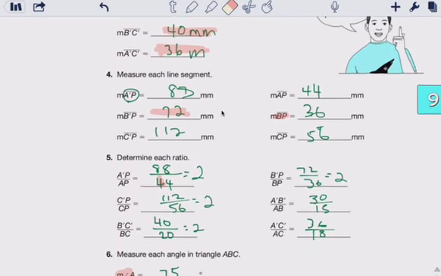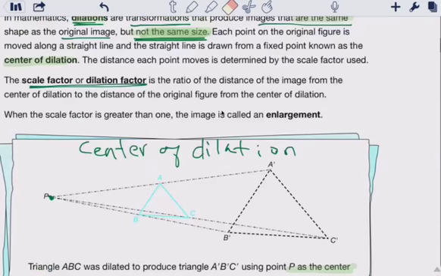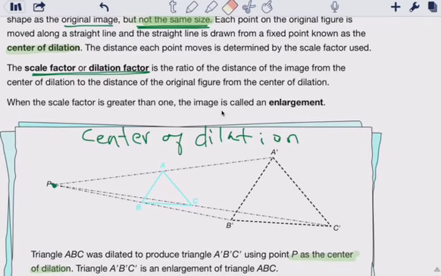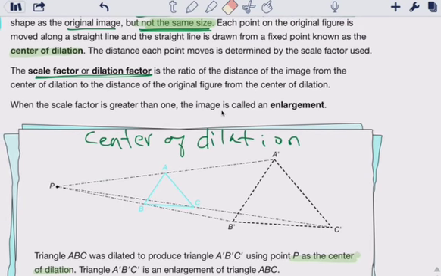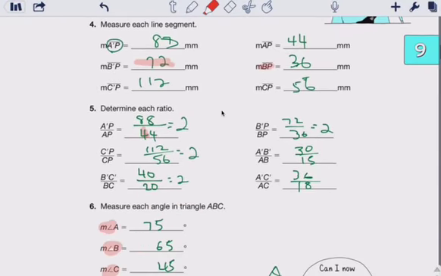We noticed that the lengths are different, right? From the point of dilation, the distance from here to A prime is different than the point of dilation to A. Essentially, they're half.